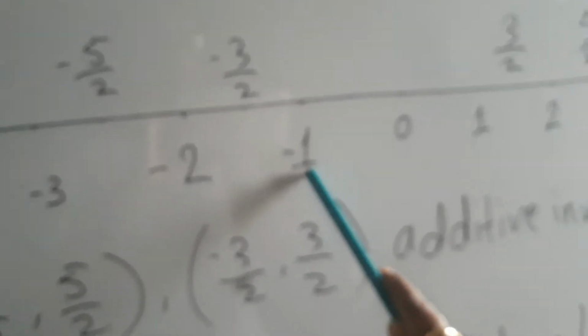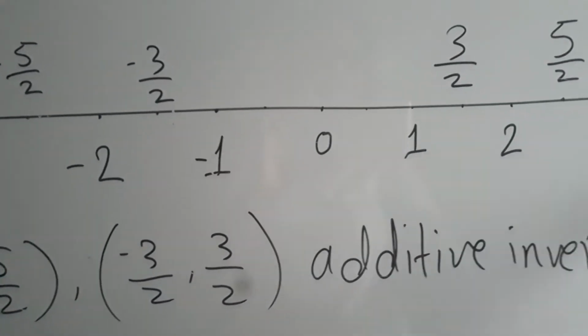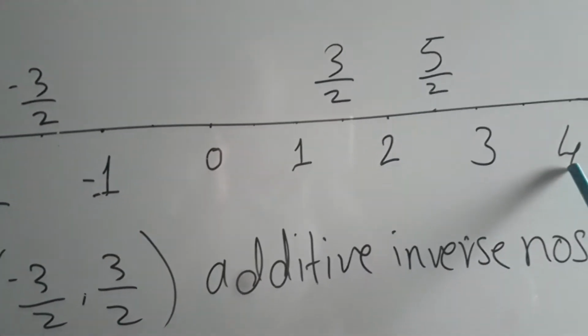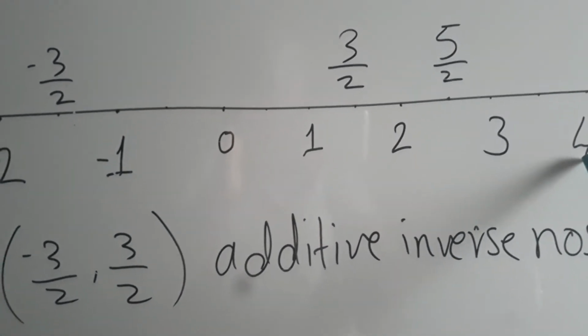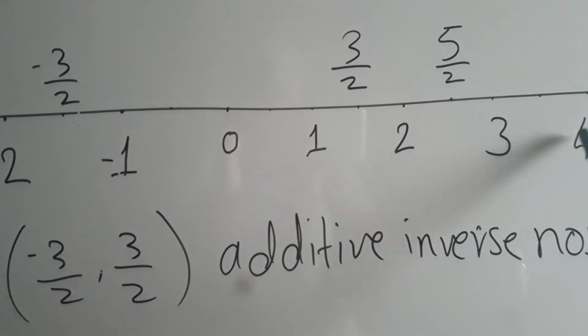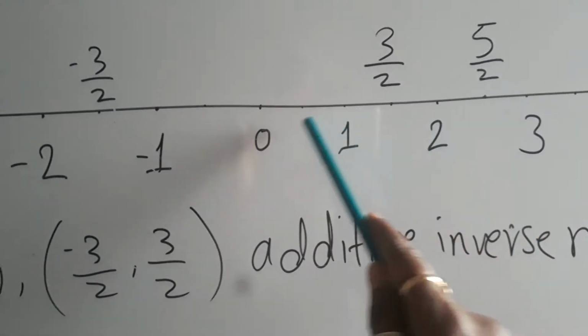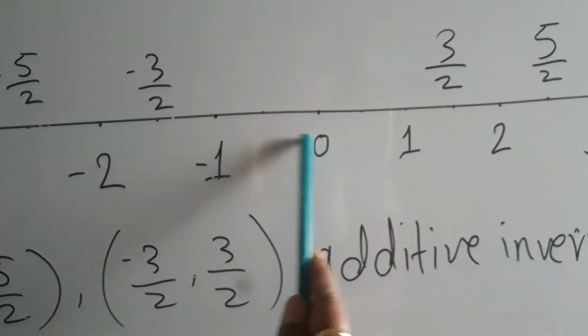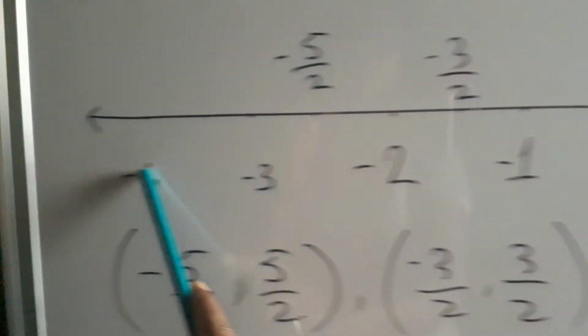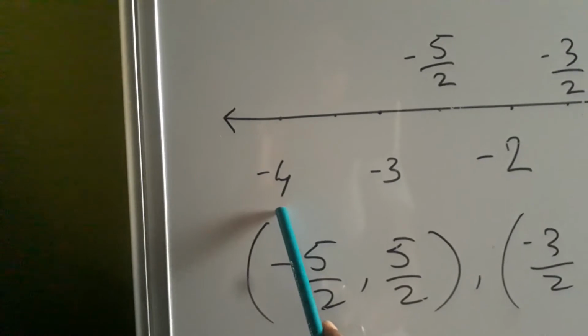Take for example, if I take 4. Number 4 I take. So if I want to know the additive inverse of 4, I have to go that much spacing. Look at this space. 1, 2, 3, 4. So I need to go 4 spaces on the left side. So 1, 2, 3, 4. Who is there? Minus 4.